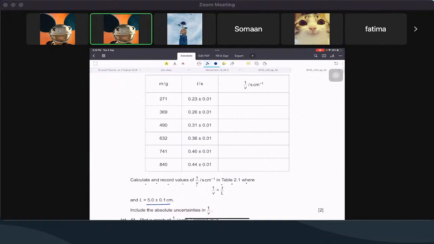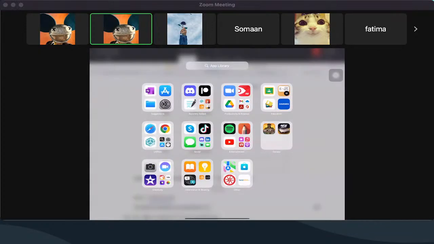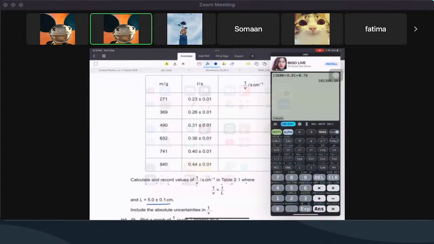So first of all, we'll fill the table with the values that we need. So you take out the calculator and go along with me, and I'll tell you what to do next. So 0.23 divided by 5, that's 0.046. Then 0.26 divided by 5, that's 0.052.